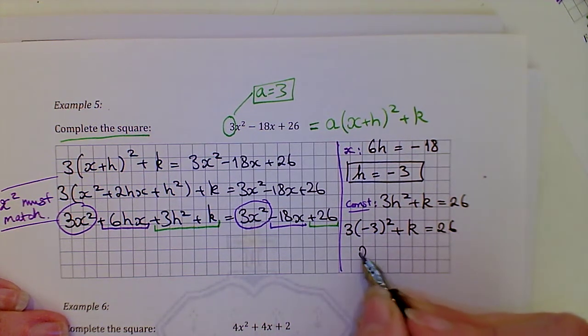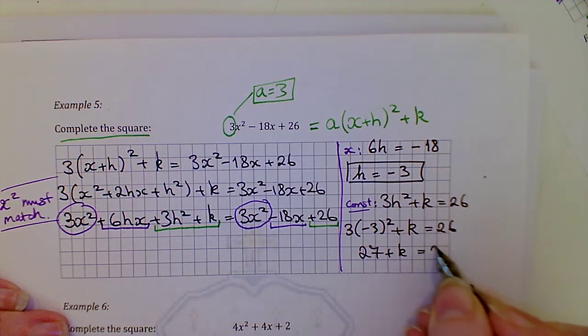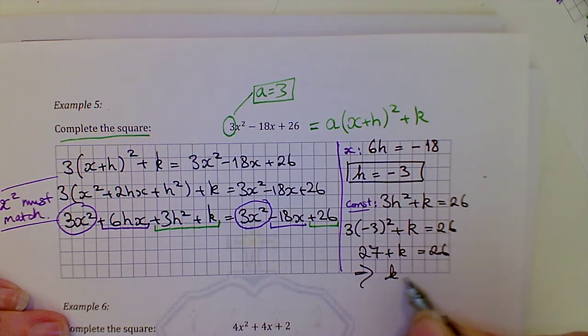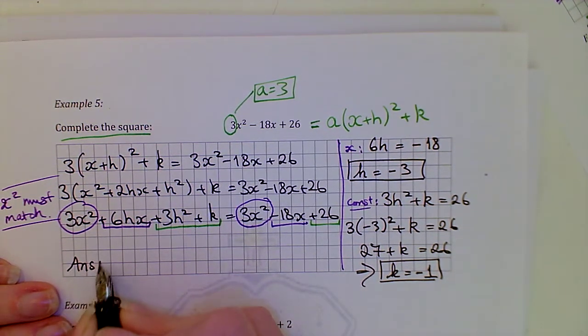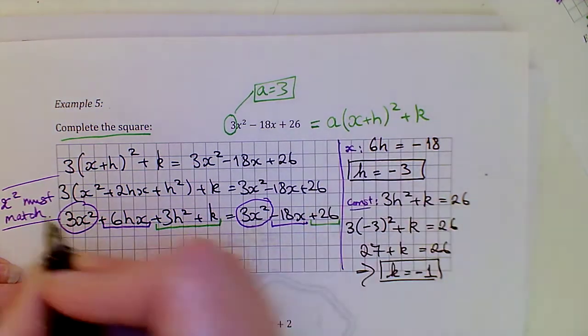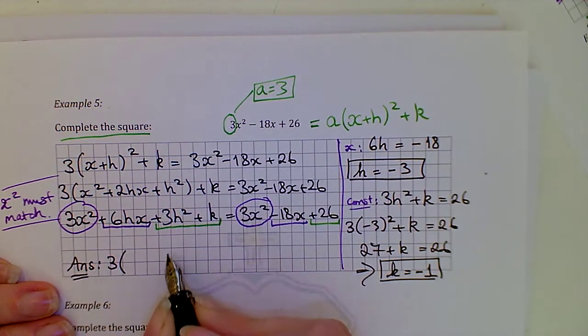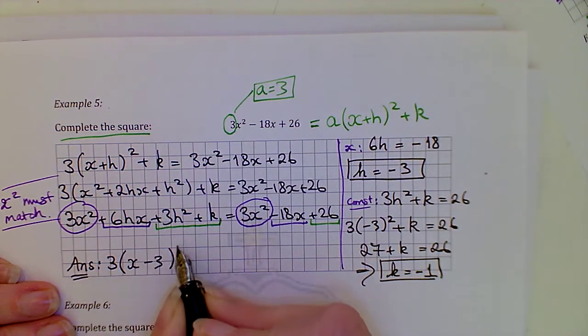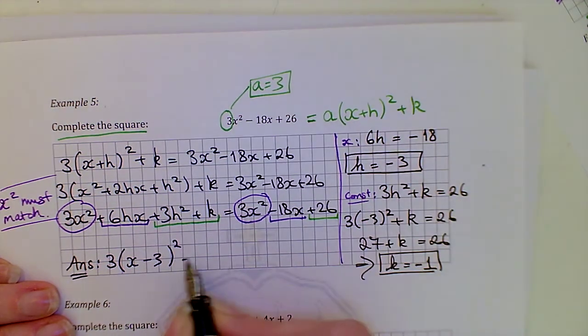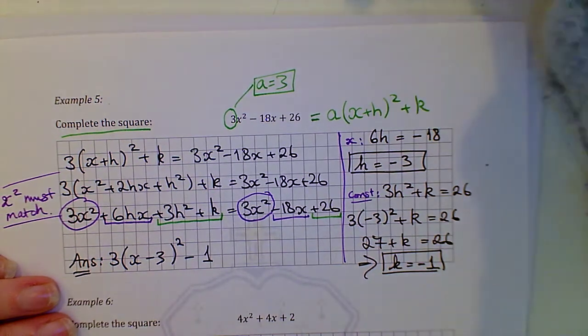So this is 27 plus k is equal to 26, which means that k is equal to minus 1. And then I write down my answer. And my answer is a is 3, bracket, x plus h, x minus 3, all squared, plus k, minus 1.